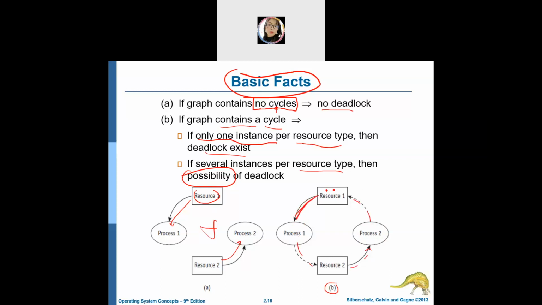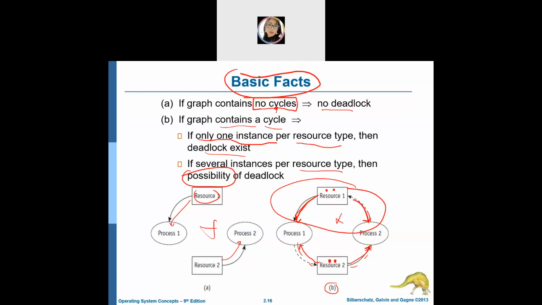So you're going to point like this and you're going to point like this. So there is no deadlock here. Similarly, if resource 2 has 2 instances, then you're going to have it like this later on, because it can entertain 2 processes.